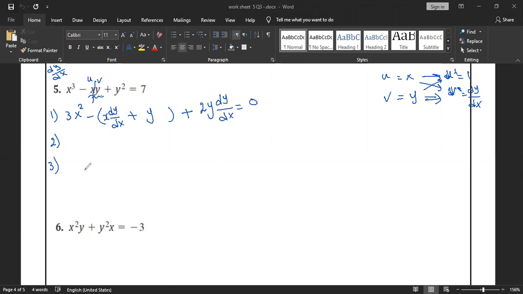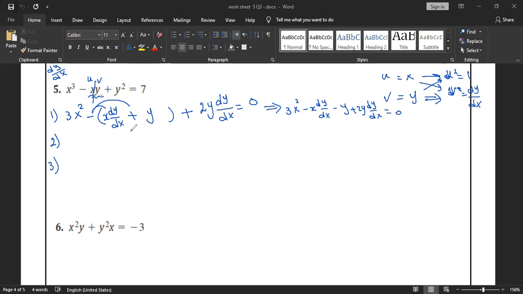Okay, 0. Distribute the negative sign. Don't forget, I have to simplify it first. It will be 3x squared minus x dy by dx minus y plus 2y dy by dx equals 0.